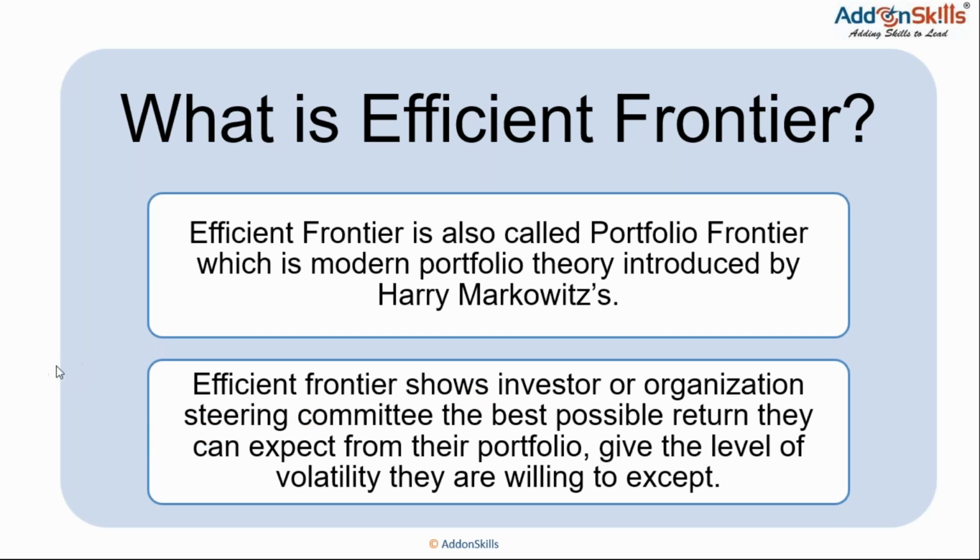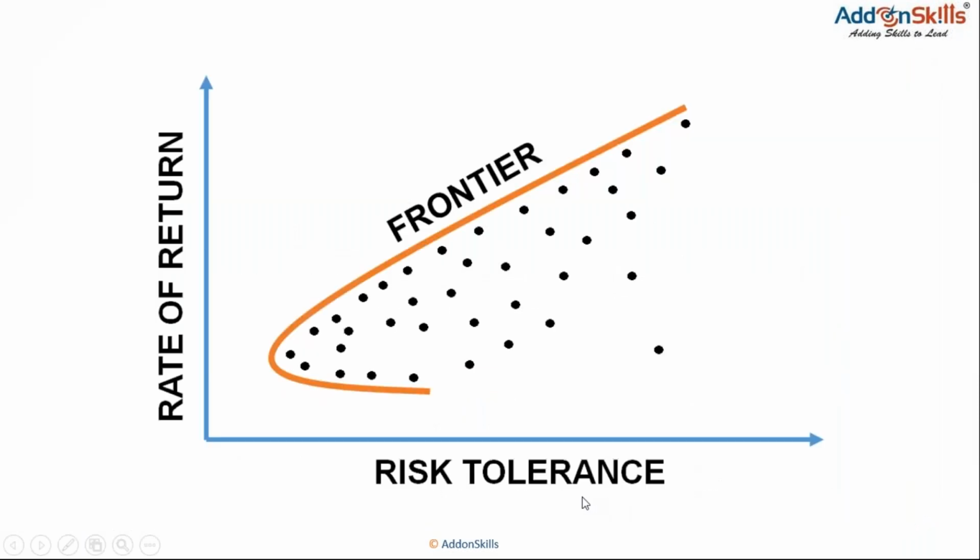Let me explain this concept using the following diagram. On the horizontal axis, which is the x-axis, we have plotted the level of risk tolerance an organization has or is willing to take. On the vertical axis, which is the y-axis, we have plotted the rate of return.